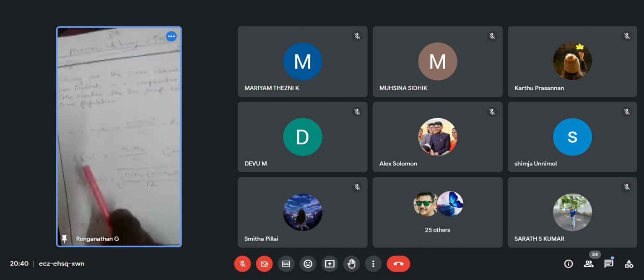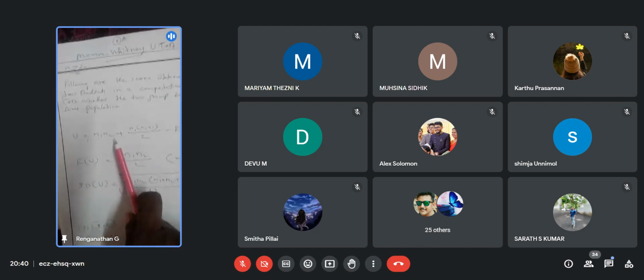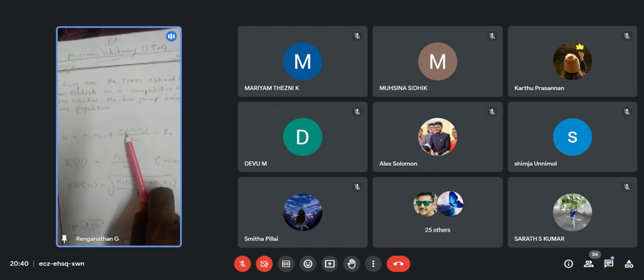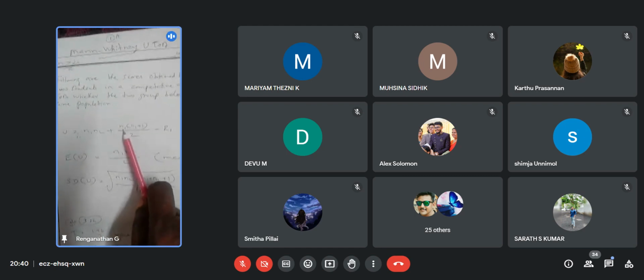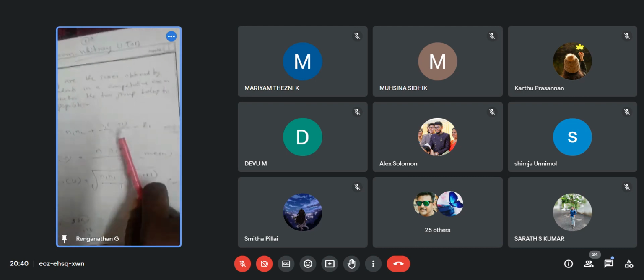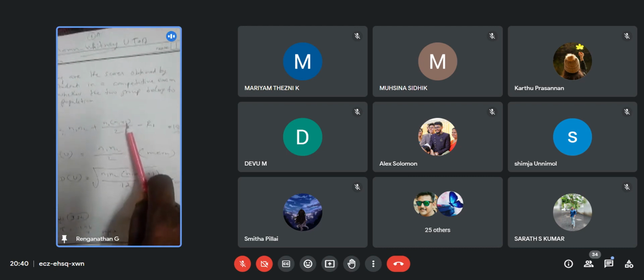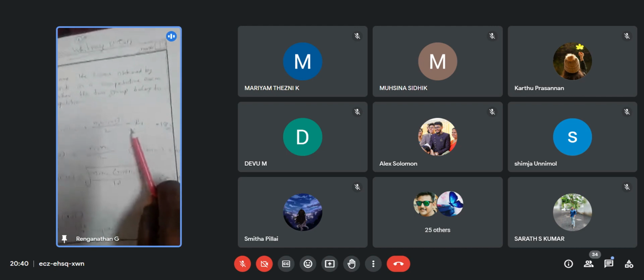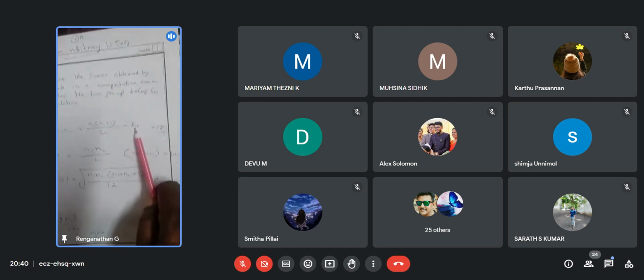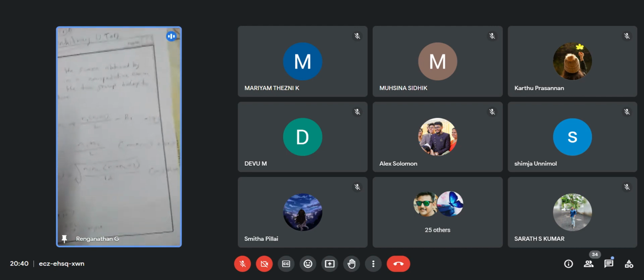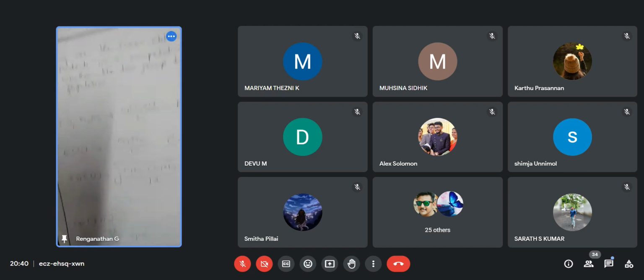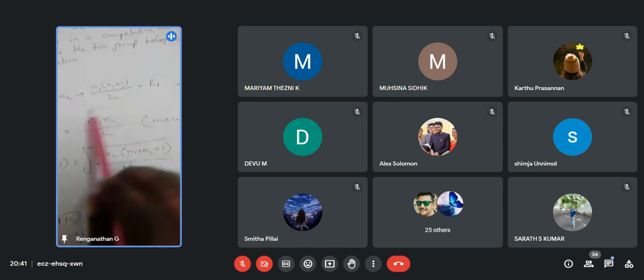U is equal to n1 n2 (which is common) plus, instead of n1, you take n2, so n1 plus 1 is changed to n2 plus 1, divided by 2, and minus R1 becomes R2. Not that. Here we are considering R1 only. That is why we are following this formula.